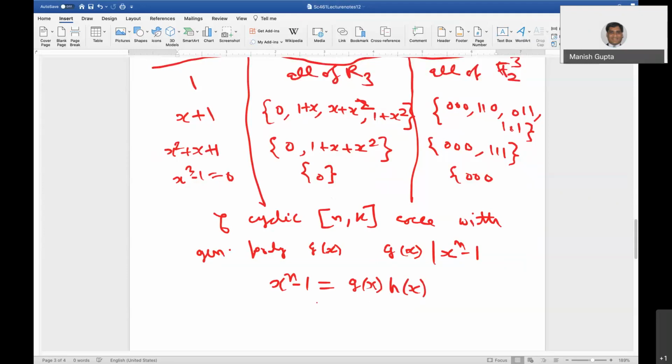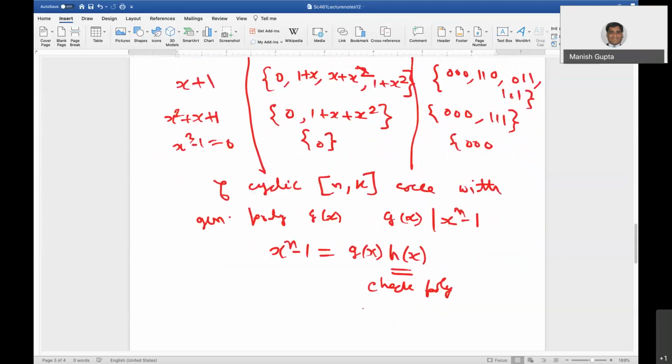Because the product of the two will give you x raised to power n minus 1 for some polynomial h(x). So this h(x) is known as the check polynomial. Since g(x) is monic, h(x) is also a monic polynomial. Okay, so if the degree of g(x) is n minus k, then the degree of h(x) is k. Why we need the degree of g(x) as n minus k will be clear in a minute to you.